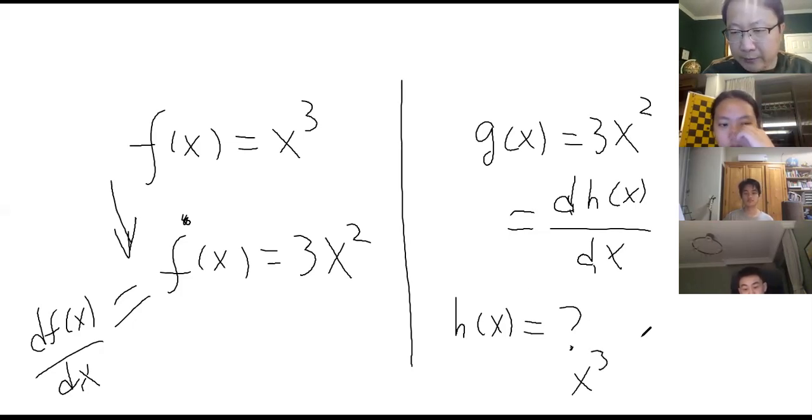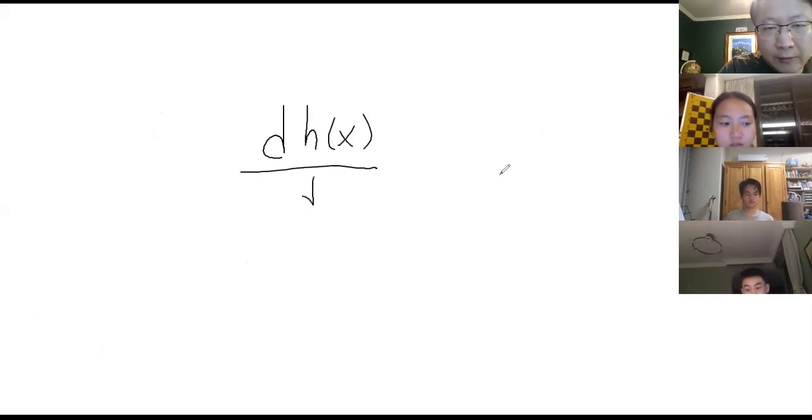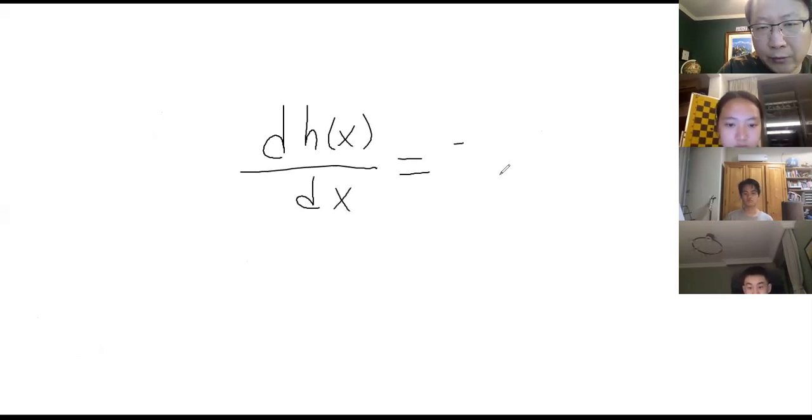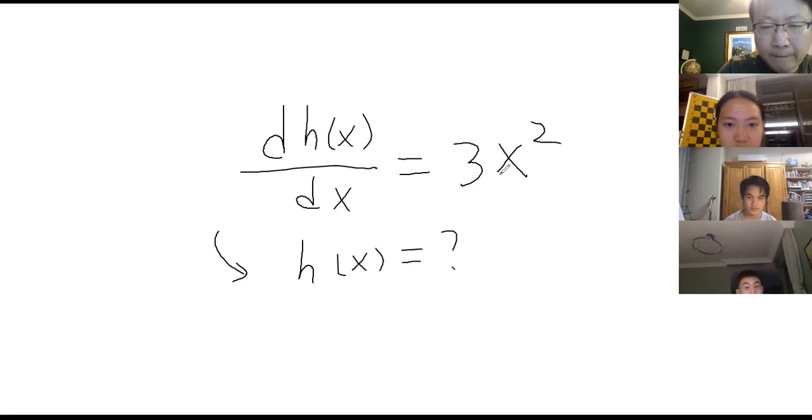So it really means dhx/dx equals 3x squared, correct? And how can we find hx? That's called the integral.